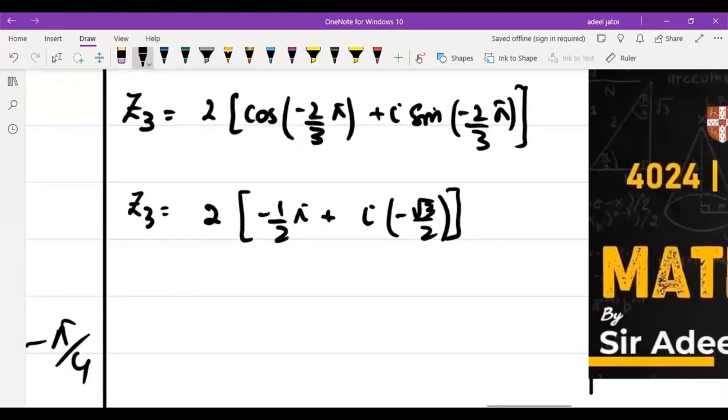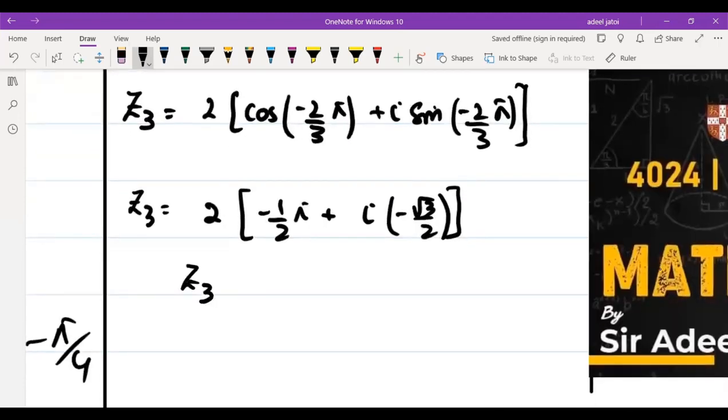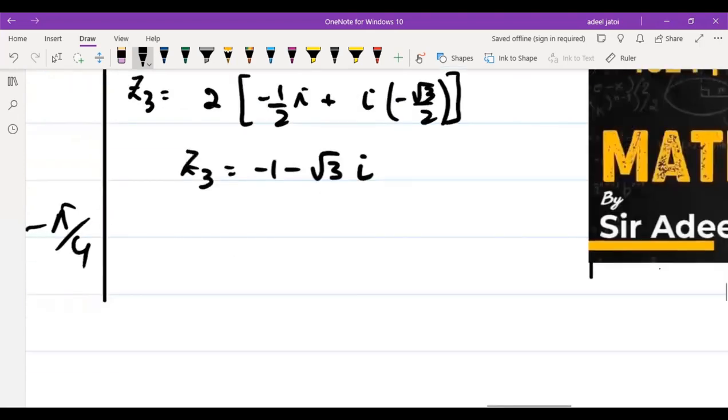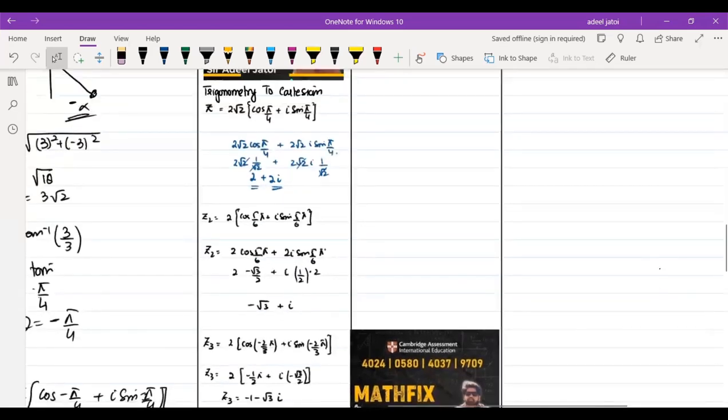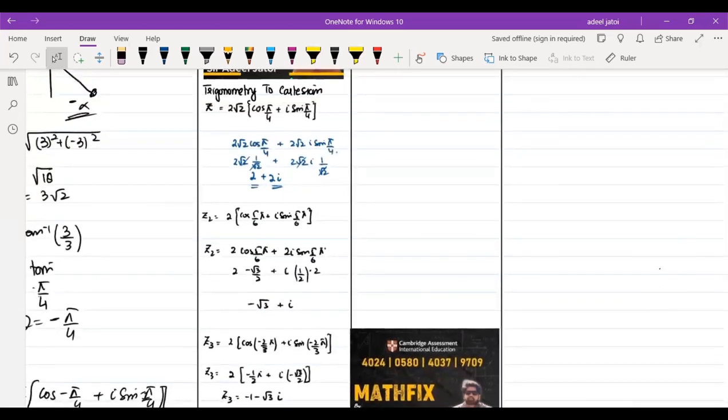So solving this, we end up with Z3, which will be negative 1 minus under root 3 iota. So in this way, you can always change your trigonometric form to Cartesian form.